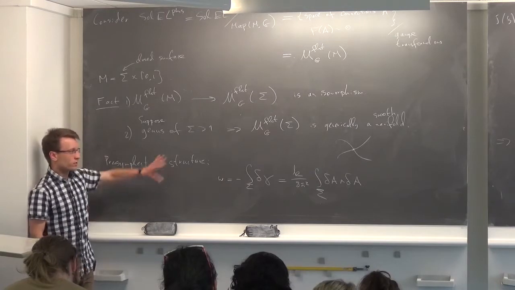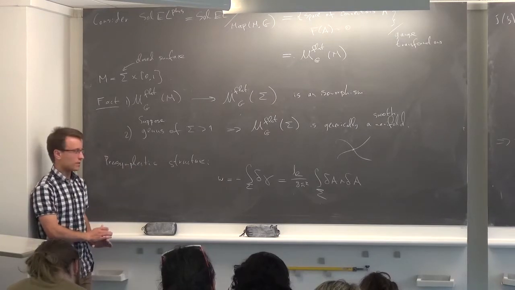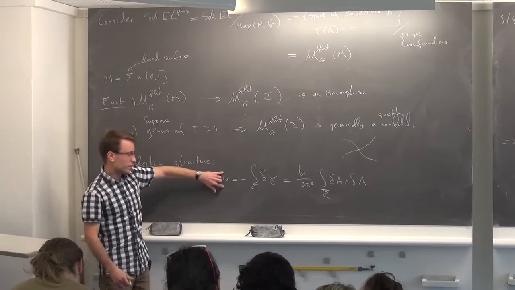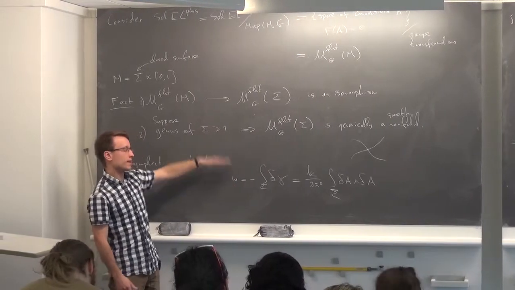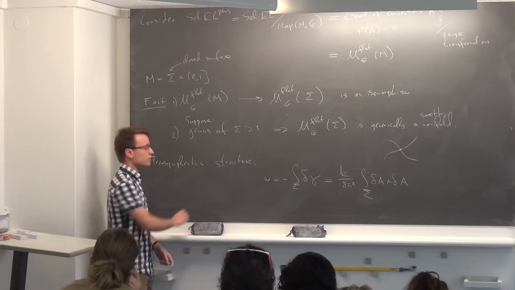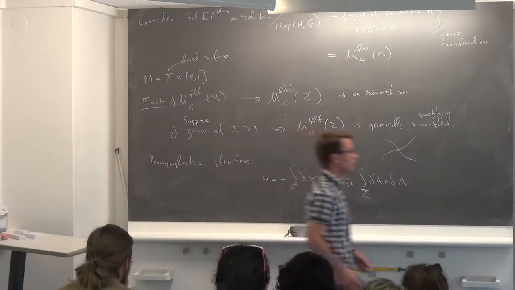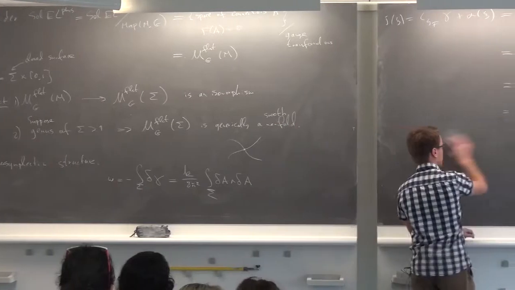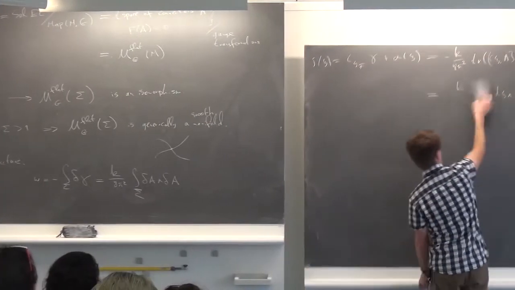And since I just showed that the current is exact on the space of classical solutions, this form is basic, and it descends to the space of physical classical solutions. So this defines for you some presymplectic structure on this space of flat G bundles.